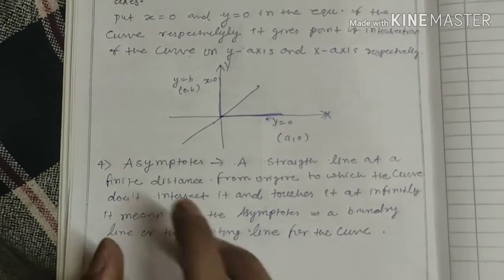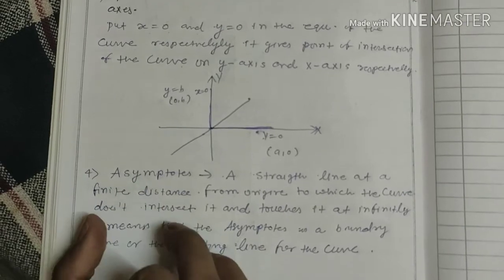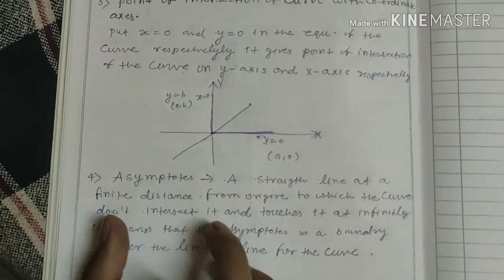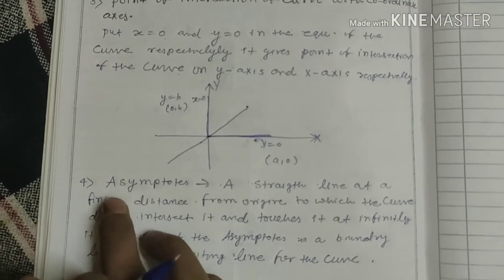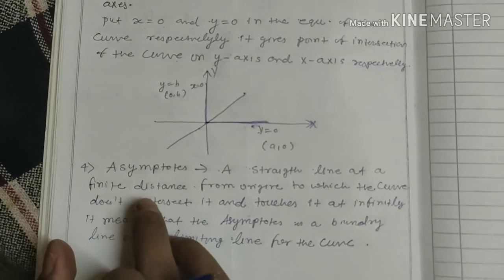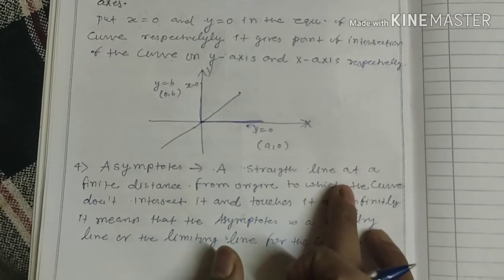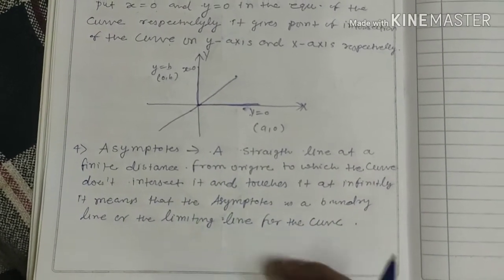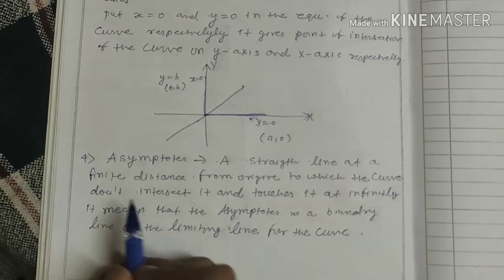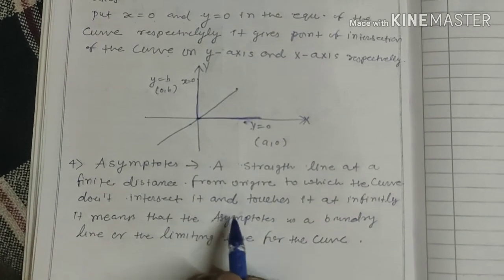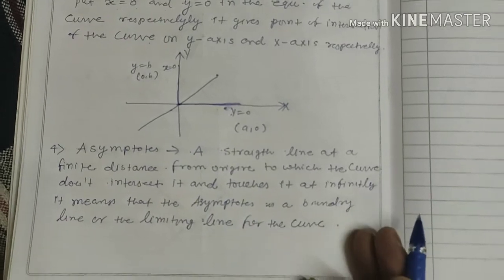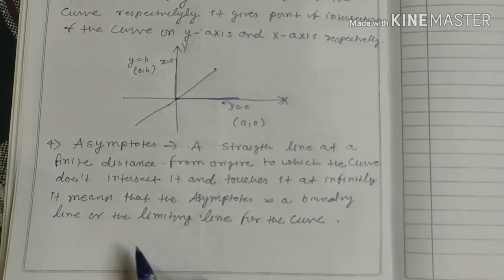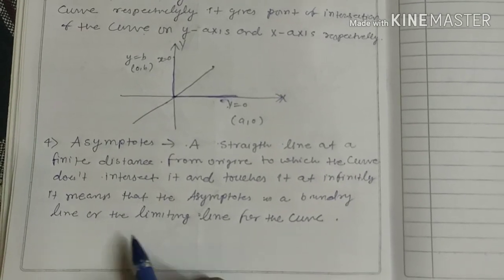So this is the fourth step, in which we have to determine for tracing of a curve whether there are asymptotes or not. An asymptote is a straight line at a finite distance from the origin to which the curve doesn't intersect it and touches it at infinity. It means the asymptote is a boundary line or the limiting line.